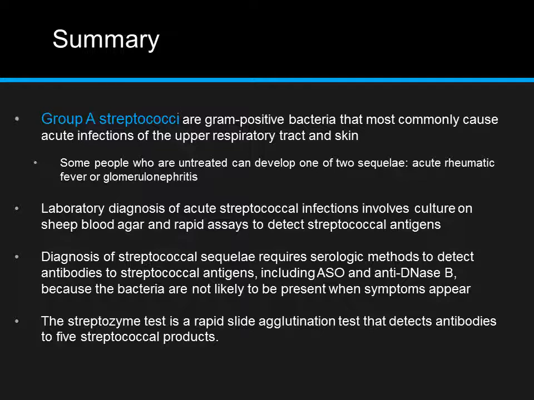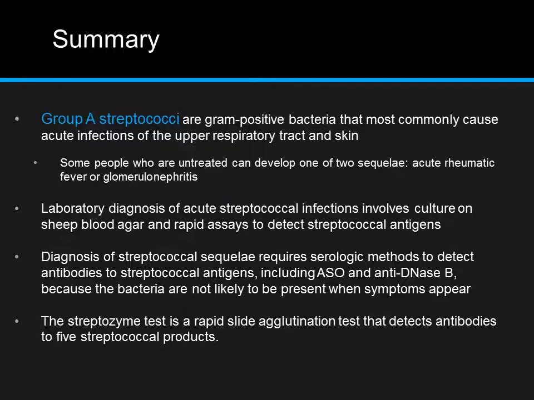But because the sensitivity is not perfect, and this is an organism that we do want to treat if it's there in order to prevent the sequelae, this is why, if you're working in a micro lab, hopefully your standard protocol is that a rapid strep test that is negative automatically reflexes to a culture just to catch those 5% or so that the rapid kit may have missed.